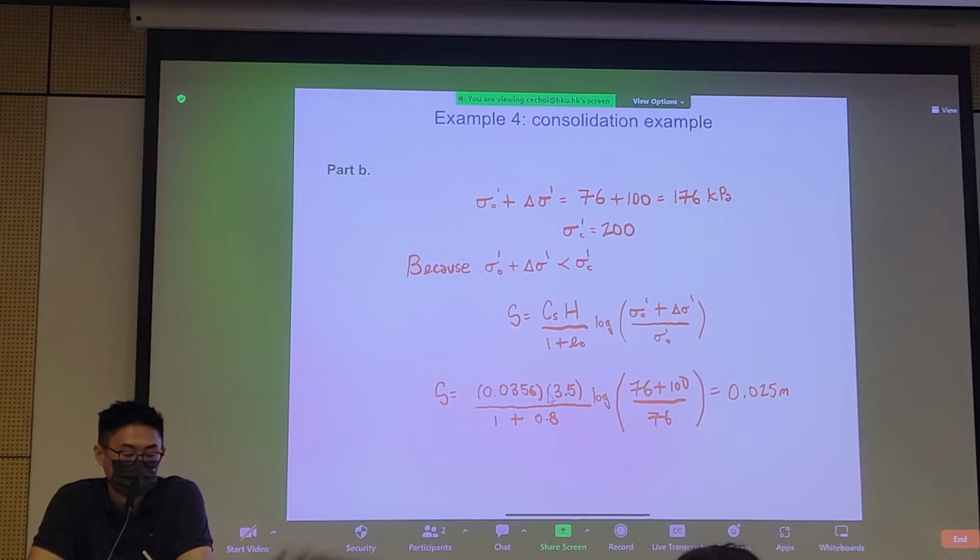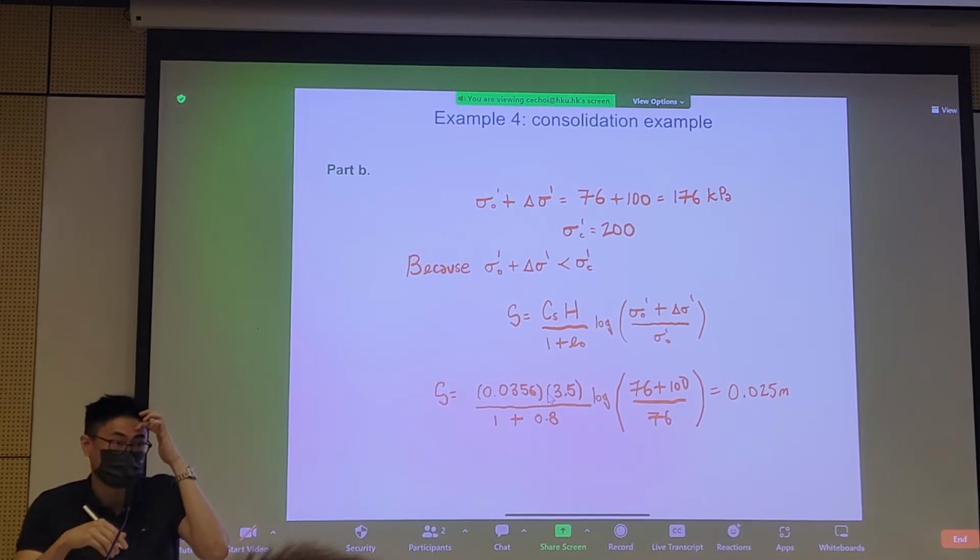Now, the third part of the question is more or less the same as part B, except you have a reduced pre-consolidation pressure of 150 kPa. And if you follow these two examples for part A and part B, you can probably guess what's going to happen for part C without doing any calculations, right? For reduced pre-consolidation pressure.